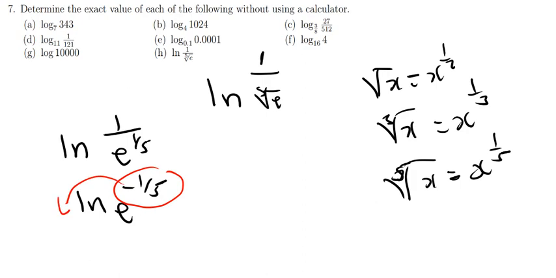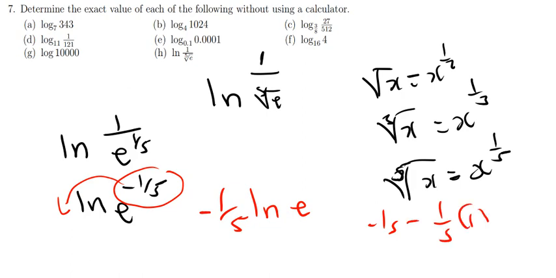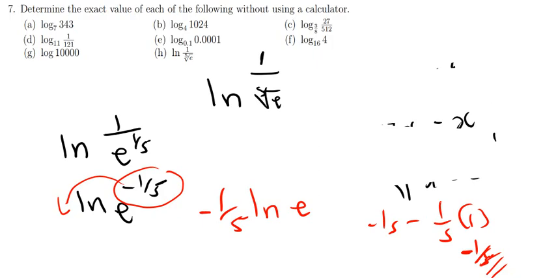So it will be negative 1 over 5 ln e. Ln is already in base e, so ln e is 1. So it's negative 1 over 5 times 1, which is going to give me negative 1 over 5 as my final answer. You have seen it?